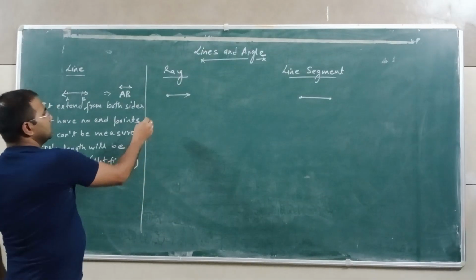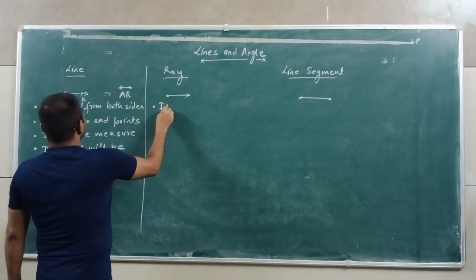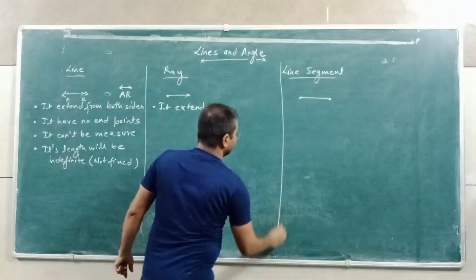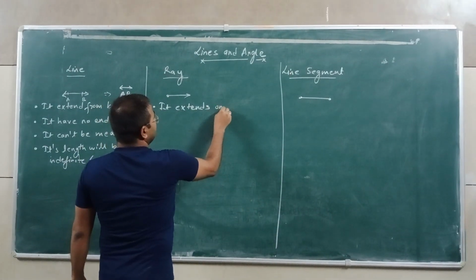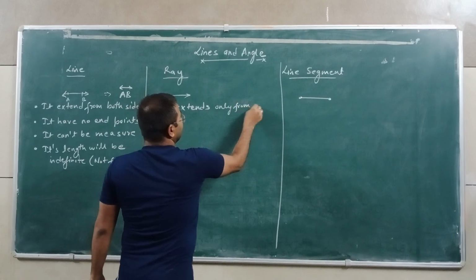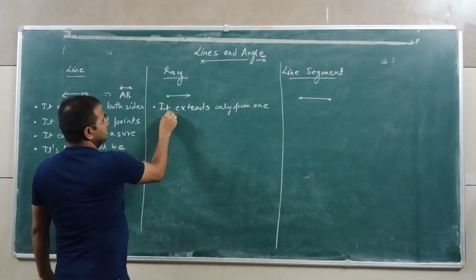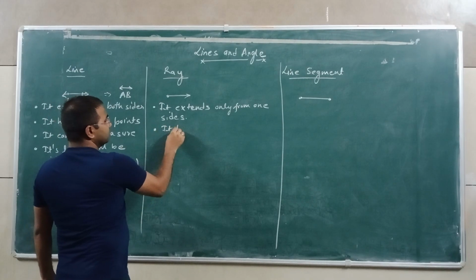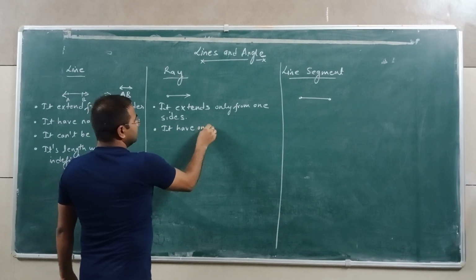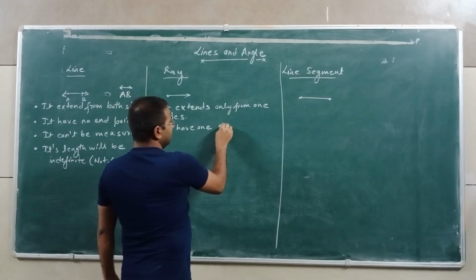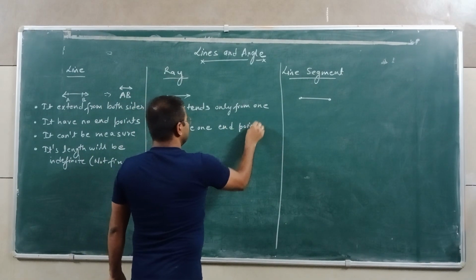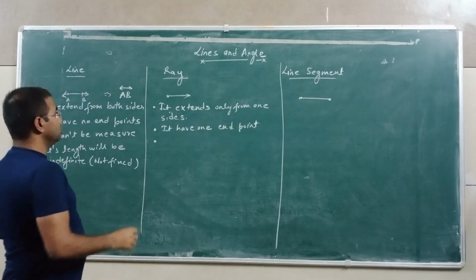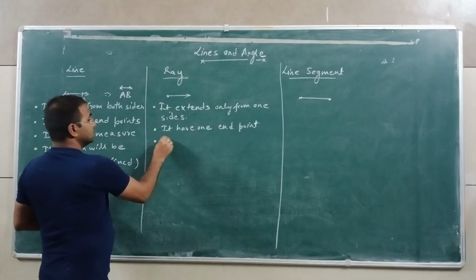So what will you write here? It extends only from one side. Second thing, it has one end point. Next, it can't be measured.